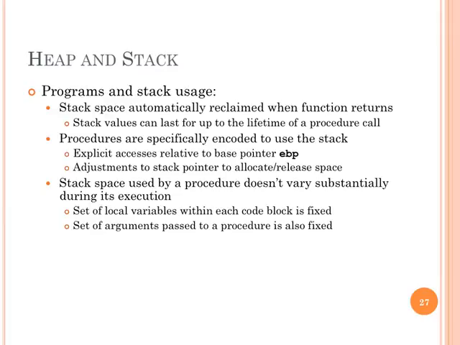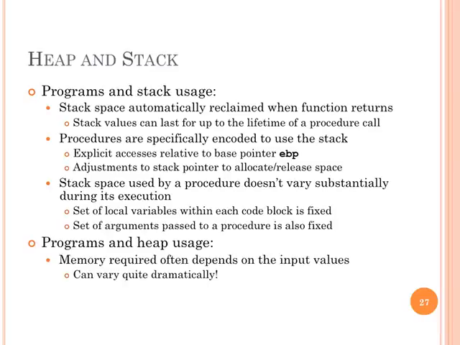And we can do that because most of the time a function's local variables and arguments and return types, all of that stuff is fixed at compile time, so the compiler can emit instructions that deal with this stuff properly. Okay? Heap is very different. Frequently, the actual memory use required depends on input arguments. Like, I get n, and I have to find all the prime numbers up to n.